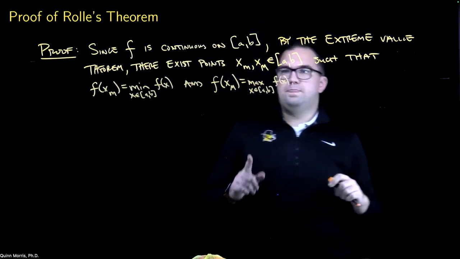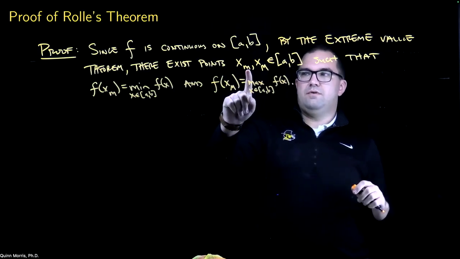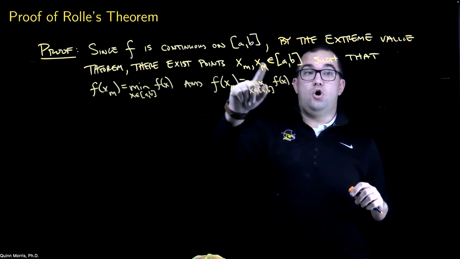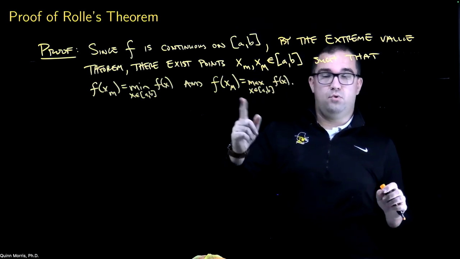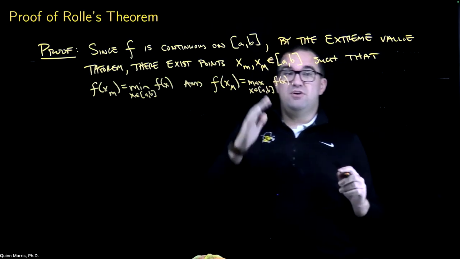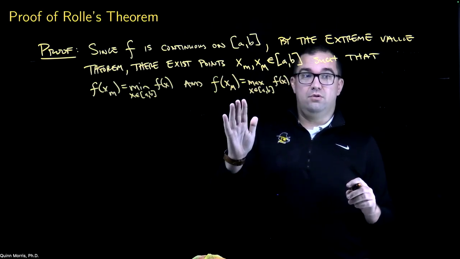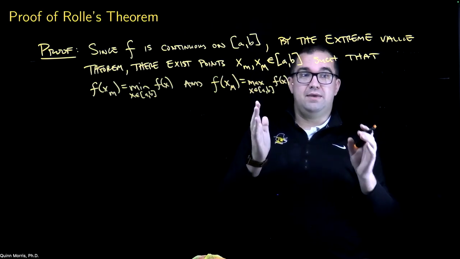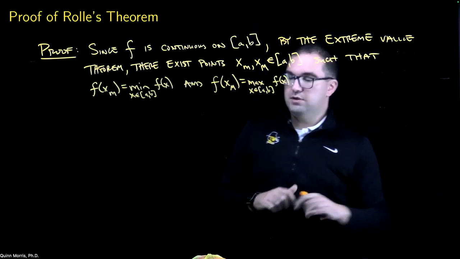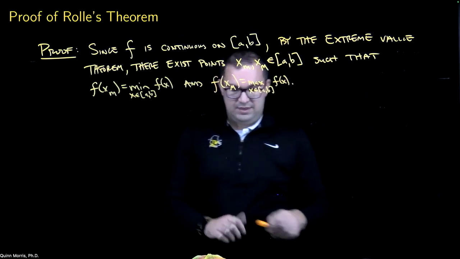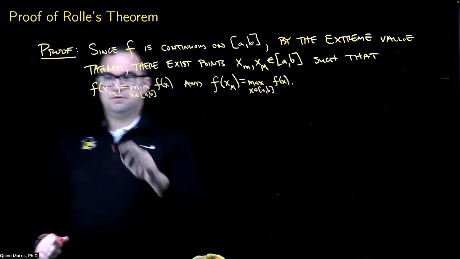Now, again, if these are actually global maximum and minimum points, so global extreme points, if even one of them lies in the open interval AB, then I can use Fermat's theorem and I'll be done. Okay, so let's actually break this out into cases.